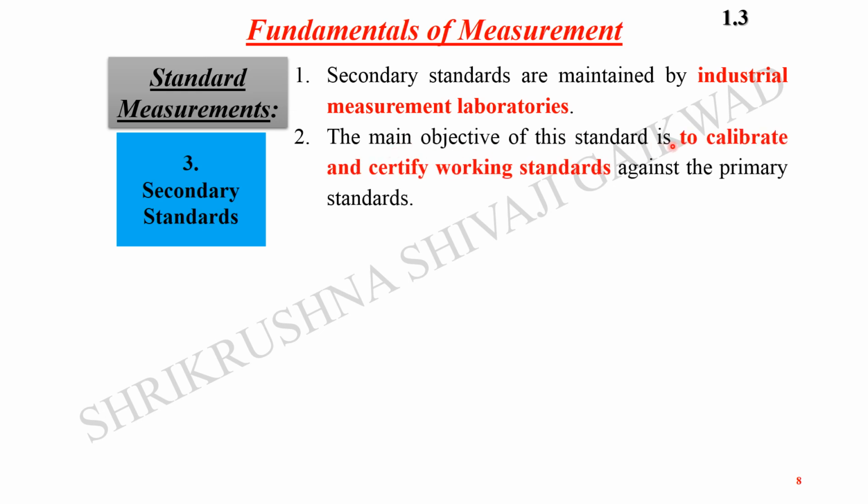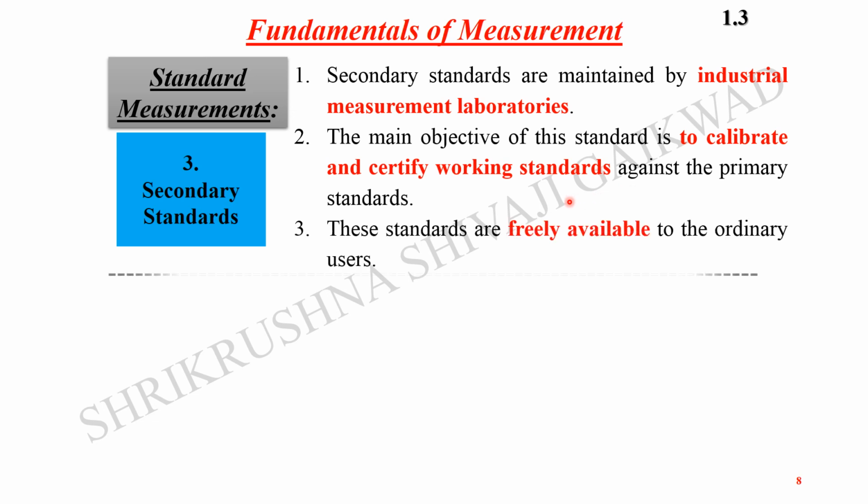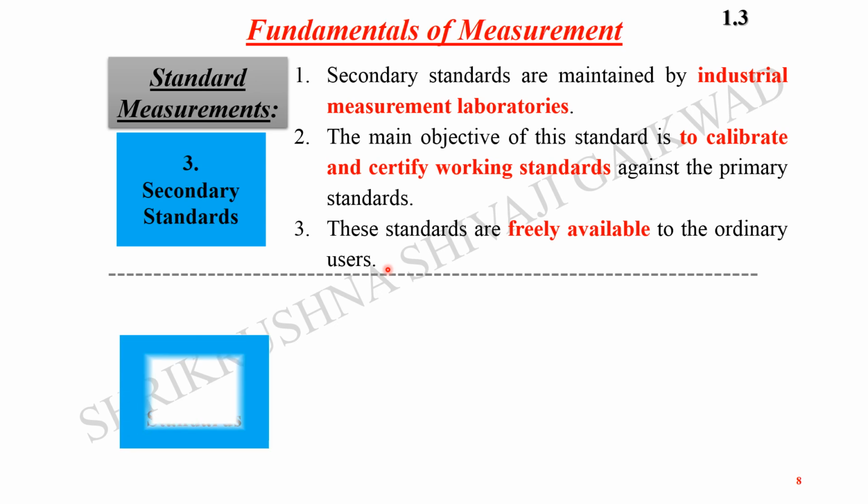The main objective of this standard is to calibrate and certify the working standard against the primary standards. These standards are freely available to ordinary users, but obviously we need to follow some protocols as well.